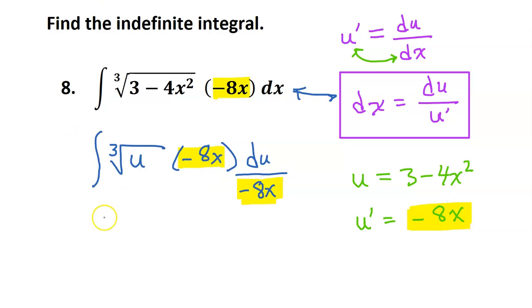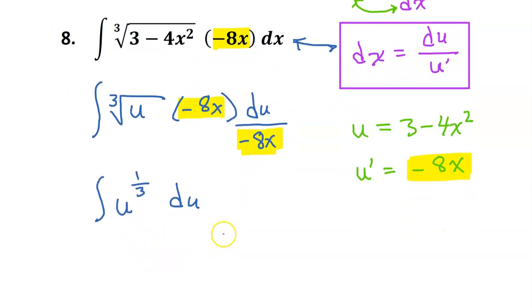So that leaves us with the integral of the cube root of u du. This simplified version fits one of the rules that we have. We can use the power rule. In fact, let's go ahead and rewrite this. Instead of the cube root of u, let's write u to the 1/3 power.